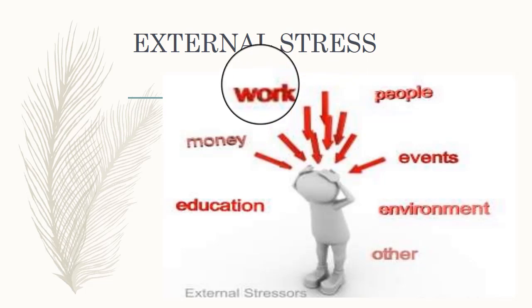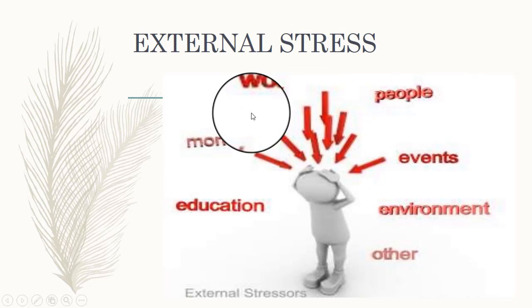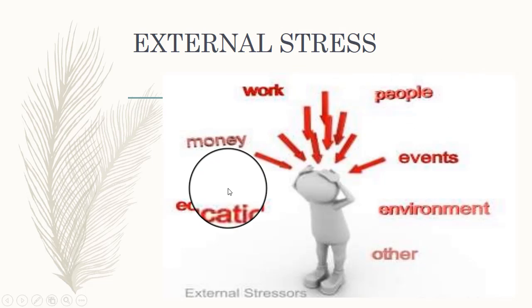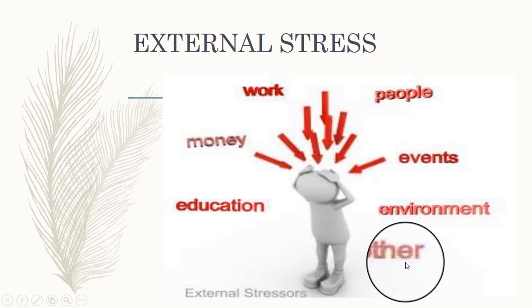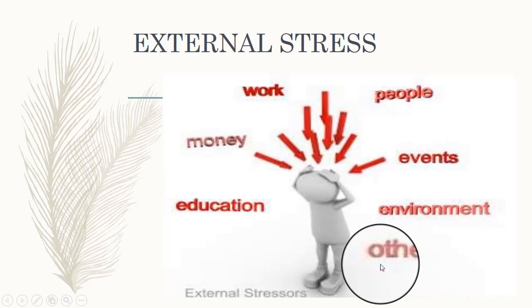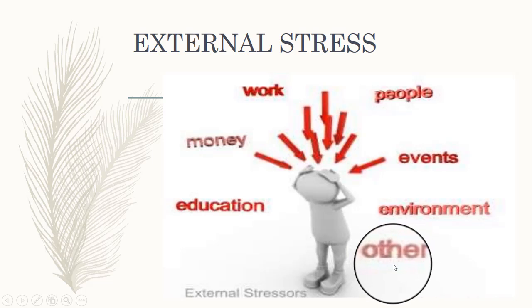This is actually the only part of the stress reaction cycle that your mind and your body don't play a direct role in. So these are the external factors which cause stress and produce stress reactions in your body.